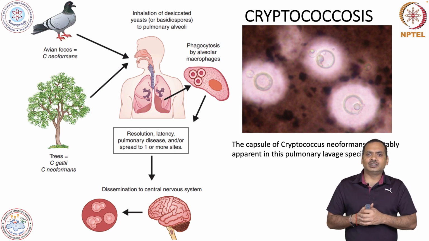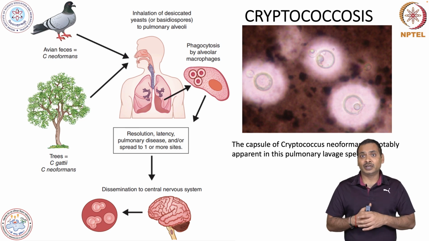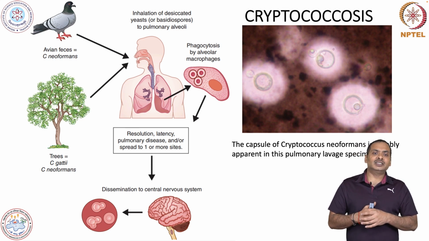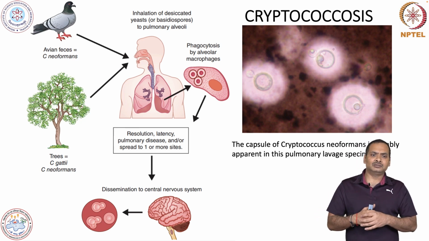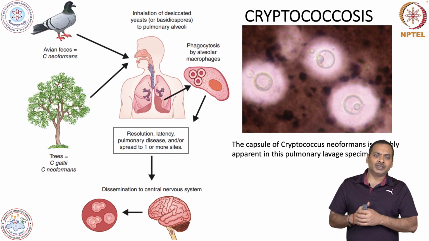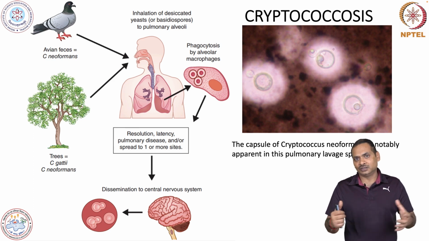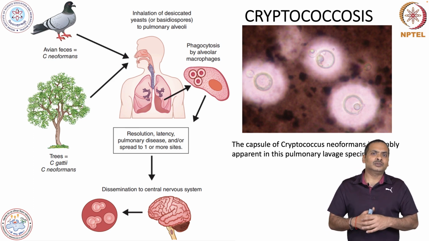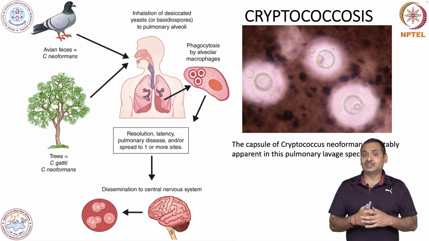Basically it affects the lungs. There is phagocytosis by alveolar macrophages, and then there will be a resolution or latent pulmonary disease, or spread to one or more sites. They can affect the brain, and this will cause a wide range of pathology. Not only the brain, it can also infect the skin and so on.